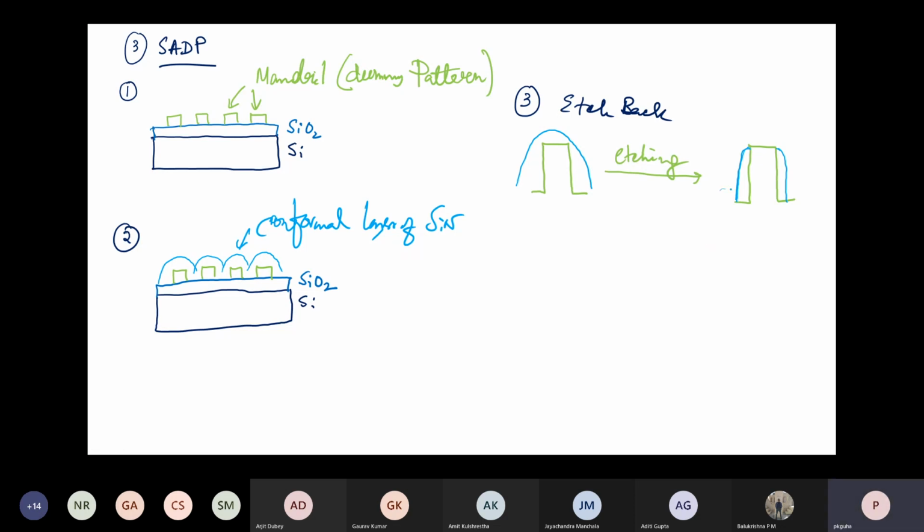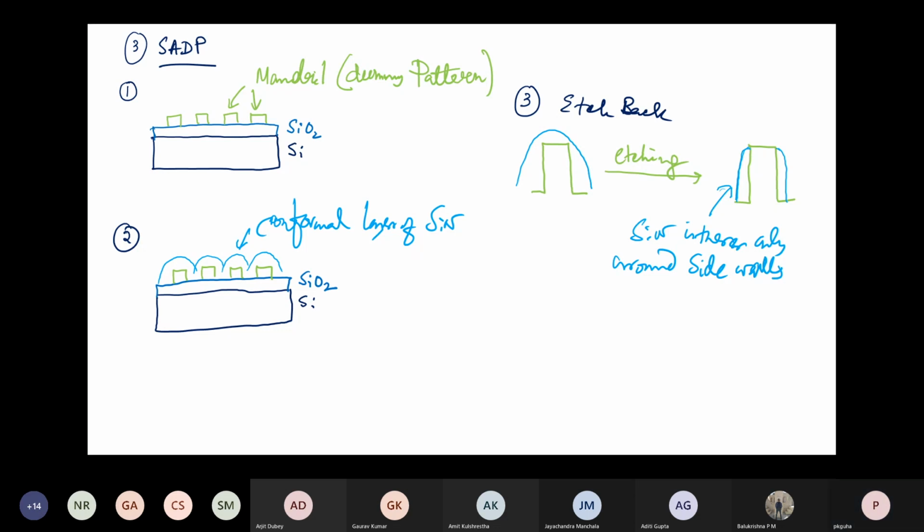So SiN is there only around side walls, right?